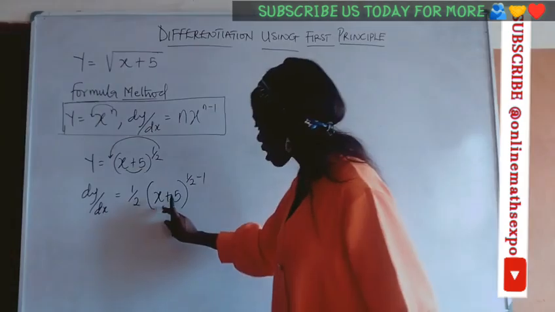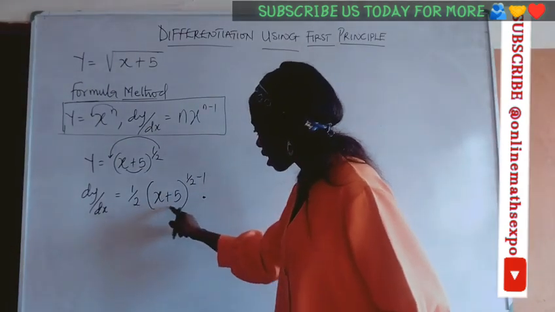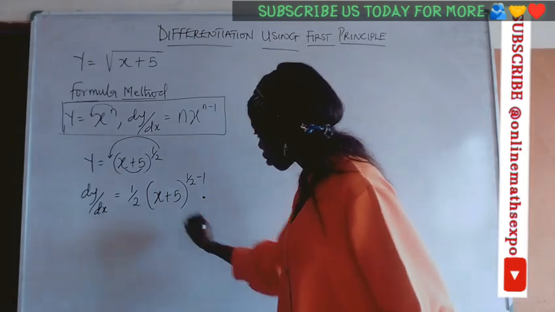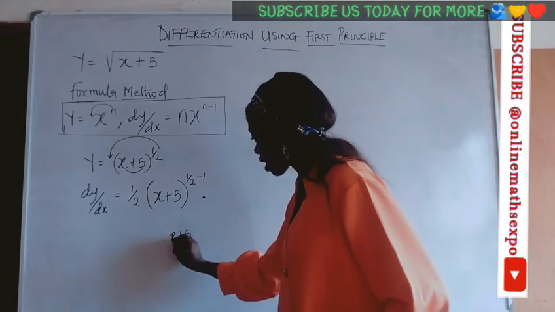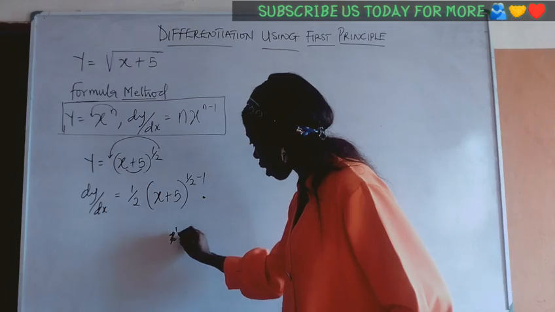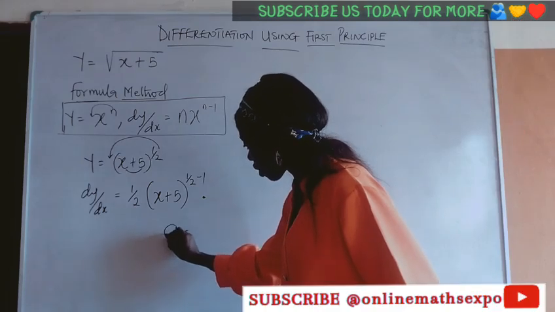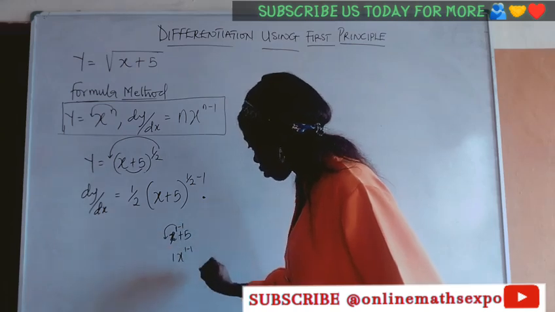But since this is x plus 5, what we need to do is to differentiate this inside also. And to differentiate x plus 5: if you differentiate x, which is x to the power of 1, it will give you 1x, then subtract 1, it will be 1 minus 1.